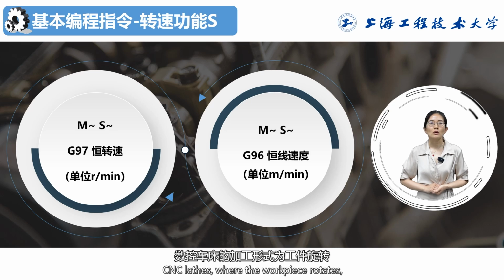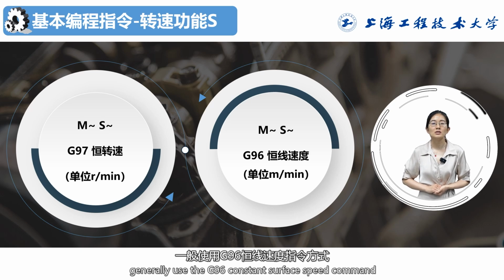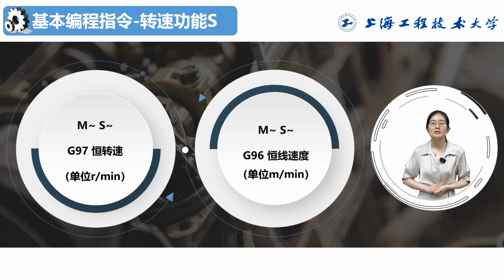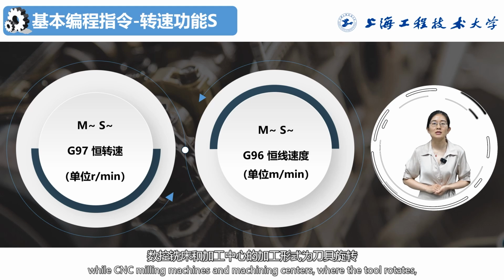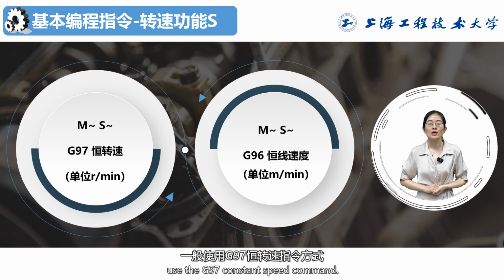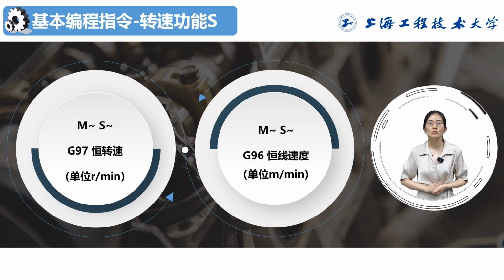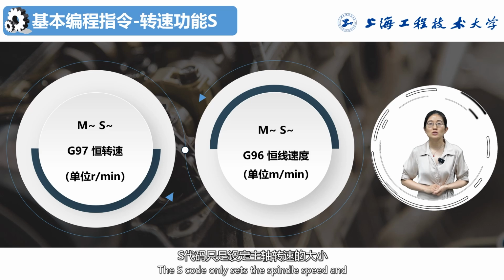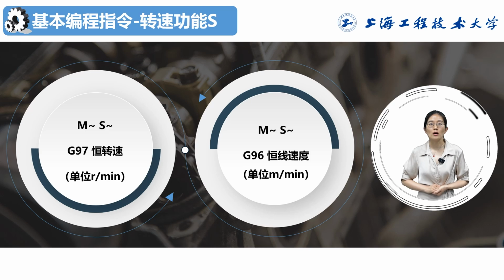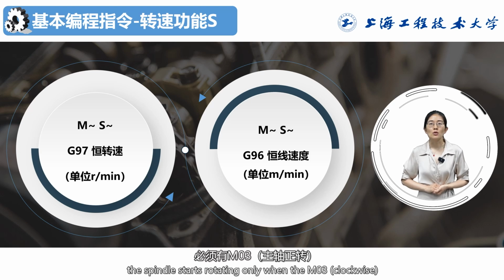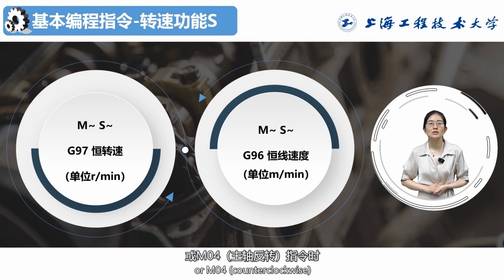CNC lathes, where the workpiece rotates, generally use the G96 constant surface speed command, while CNC milling machines and machining centers, where the tool rotates, use the G97 constant speed command. The S code only sets the spindle speed and does not cause the spindle to rotate. The spindle starts rotating only when the M03 clockwise or M04 counterclockwise command is given.